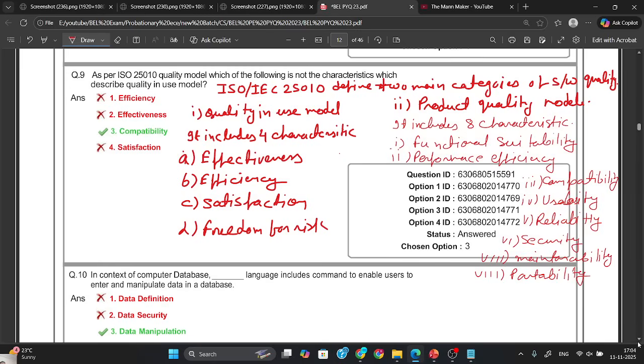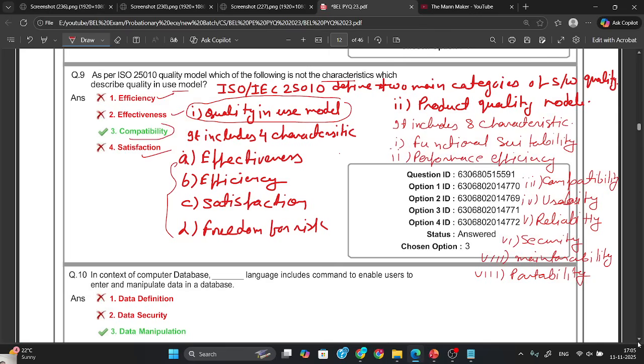So you have to remember all these things, because based on this only they have asked the question. Here you can check, they have asked: as per ISO 25010 quality model, which of the following is not a characteristic which describes the quality in use model? In the quality in use model we have four characteristics: efficiency, effectiveness, and satisfaction also.